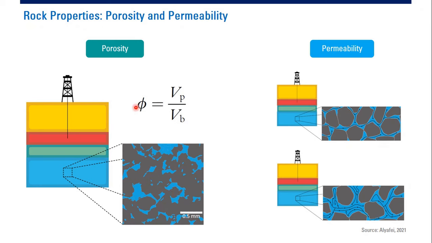We call it porosity. Here we have permeability. Good permeability, high permeability will enable high flow rate. But low permeability or tight or bad permeability will give us small rate, low rate. Okay, you already understand that.